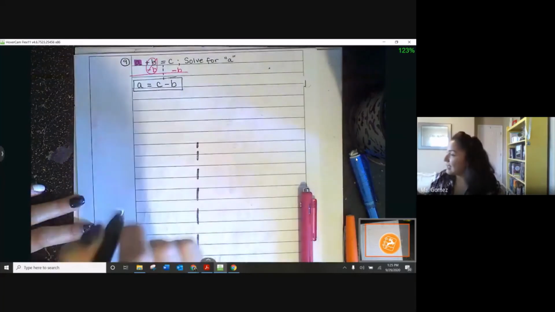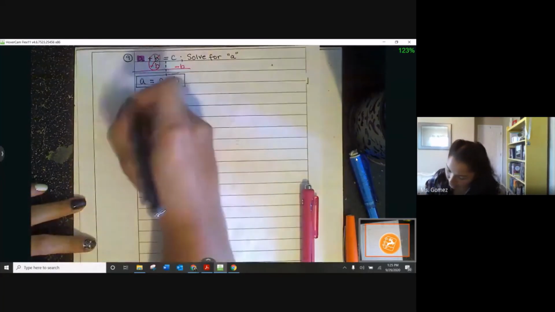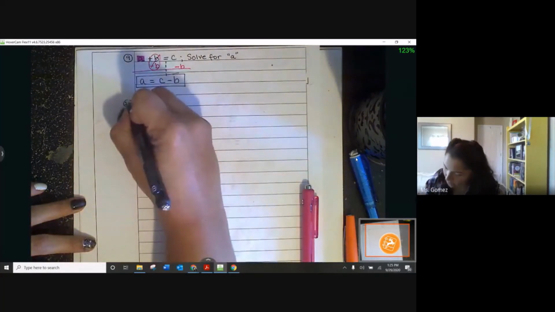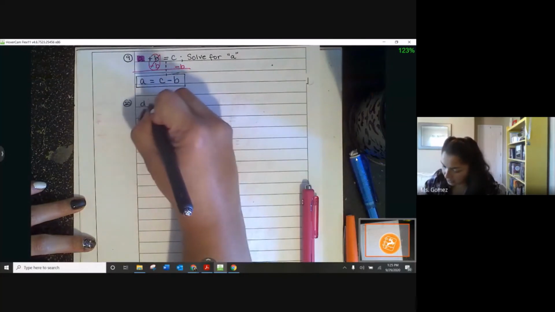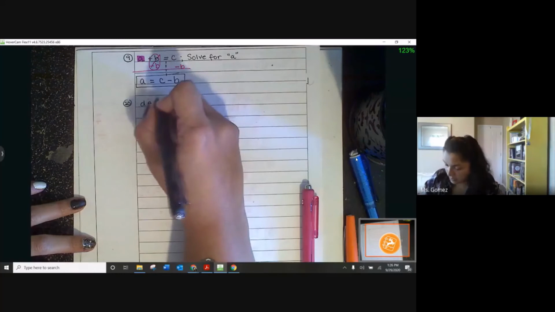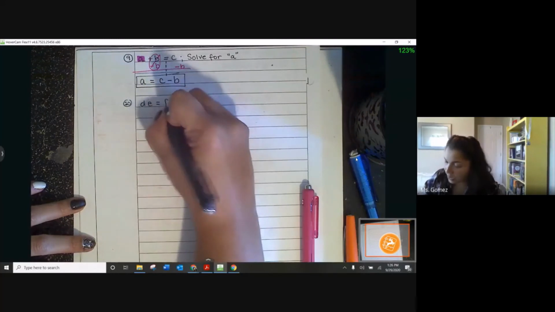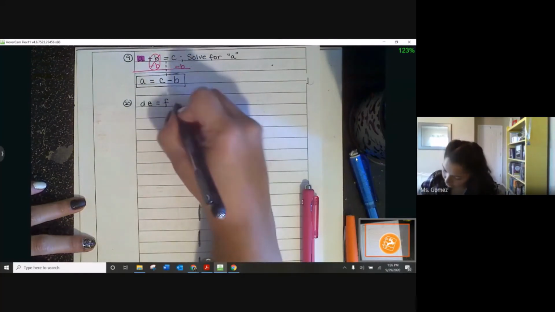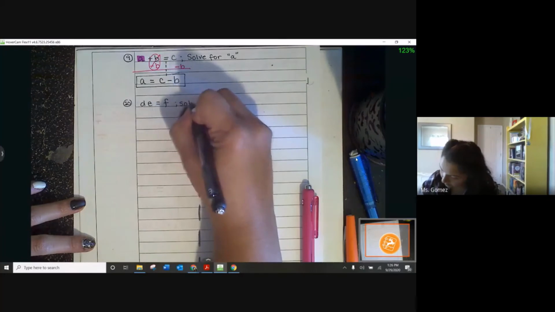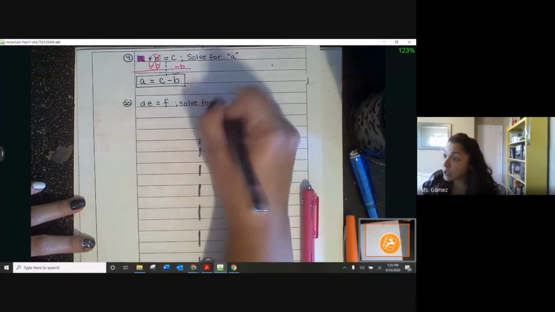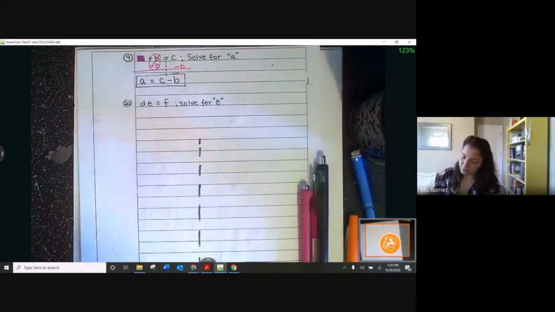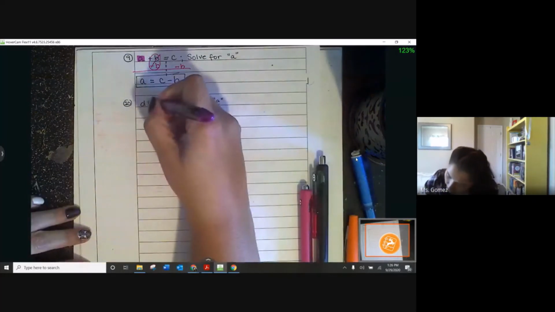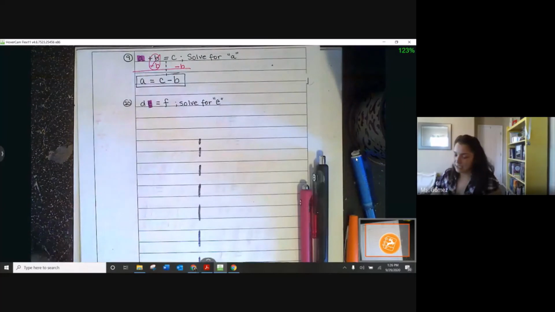I'm going to try one last example because I know you guys need to get on to your next class. This one says D times E equals F. Solve for E. Now, what do you think is happening between this D and E?